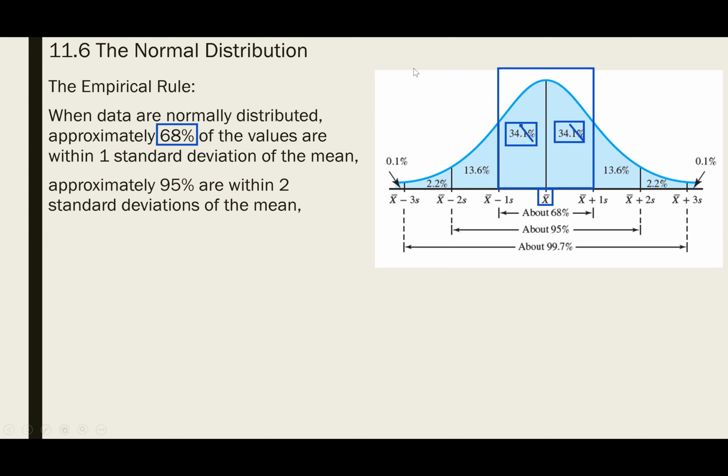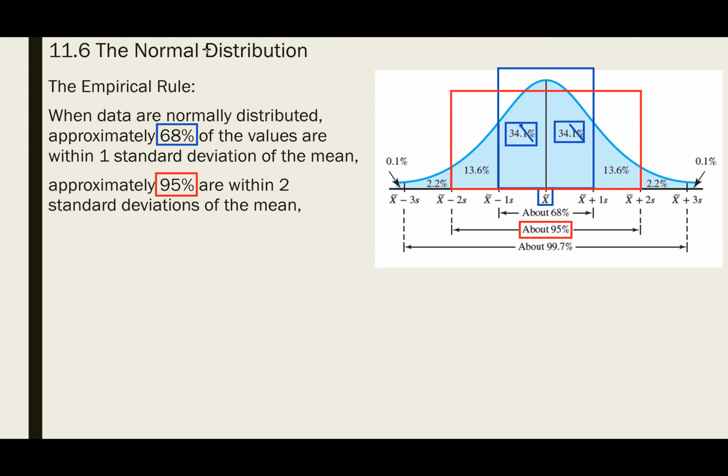The second item is, if you go up two steps above and two steps below, it will consider 95% of your data. Again, the second rule is, if you go up two and down two, it will consider 95% of your data.